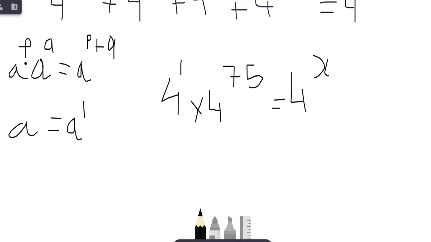And by using the first property, we have 4 to the 1 multiplied by 4 to the 75 equals 4 to the 1 plus 75, equals 4 to the x.